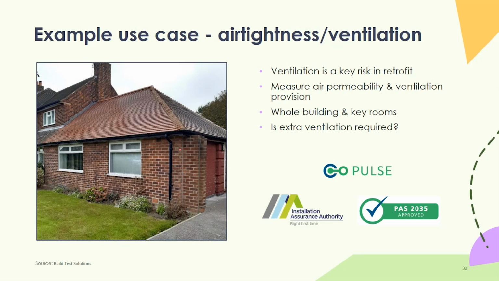Otherwise, the intermittent extract and the trickle vent strategy was probably adequate for the given levels of leakiness. And so you're doing a much more informed, targeted approach of, well, we know we need, for that particular bedroom, to improve the door undercut and add a passive vent in that one particular room. So informing ventilation strategy through measurement and testing.